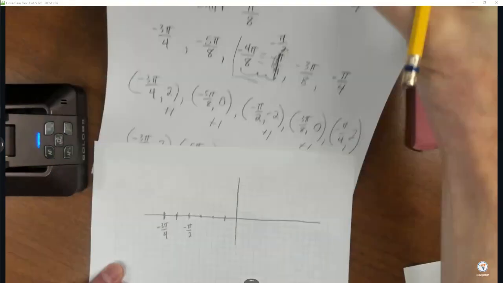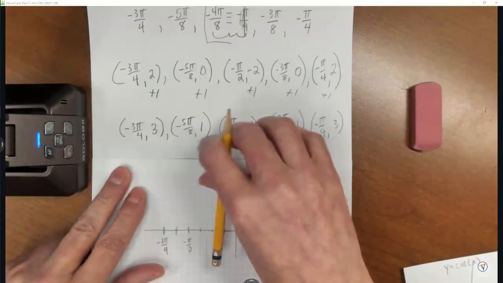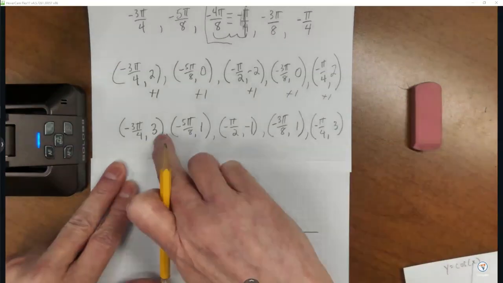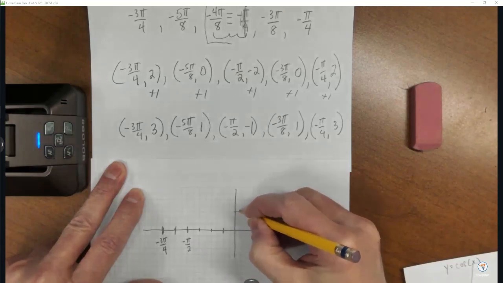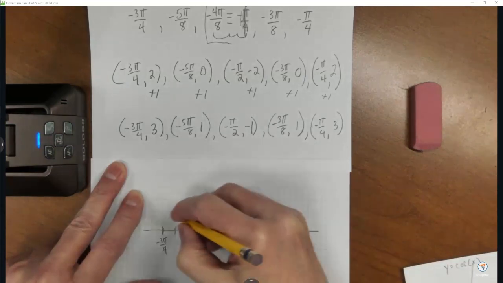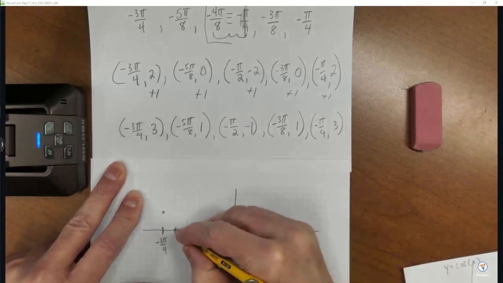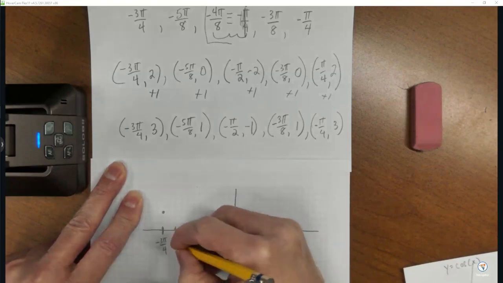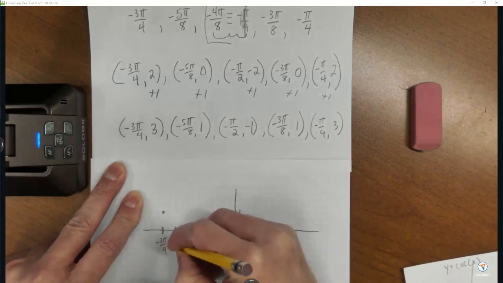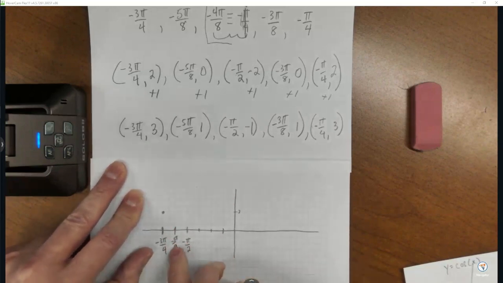Okay, so now we can start consulting our points that we came to. At negative 3 pi over 4, my output is a 3, so I'll just use 1 tick. So this will be 3. So there's the start of our cycle. And now remember this is negative 6 pi over 8.